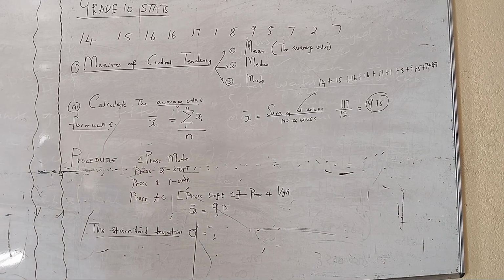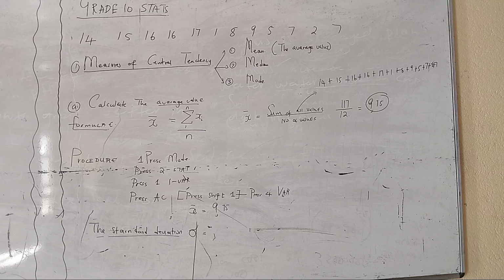We have already inserted the data. We are not going to start again. Don't press AC, just press Shift 1. Press Shift 1 and press 4 for VAR. Still the same idea. Shift 1, 4 for VAR.